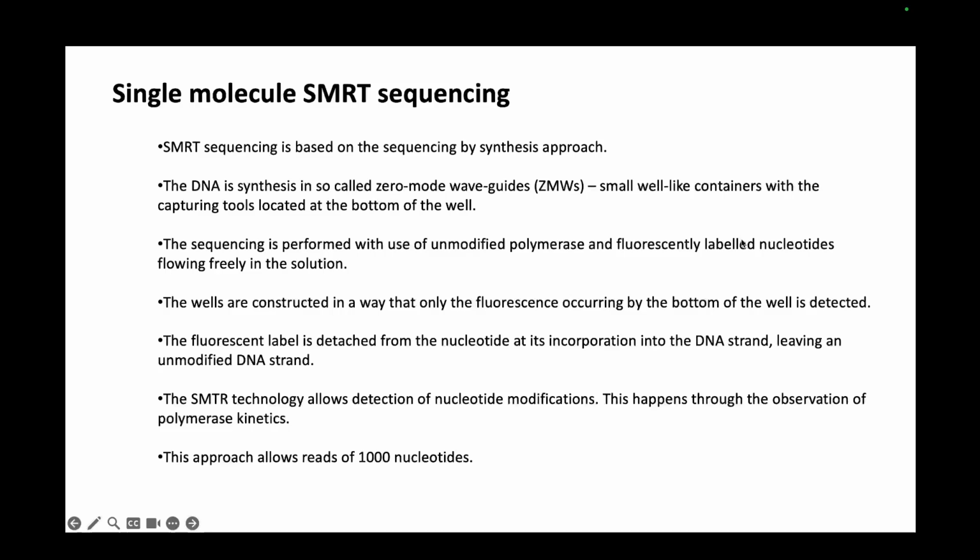Yeah. So SMRT sequencing is also based on the sequencing by synthesis approach, and the DNA is synthesized in so-called zero mode waveguides, or ZMWs. These are basically small well containers with the capturing tools located at the bottom of the well.